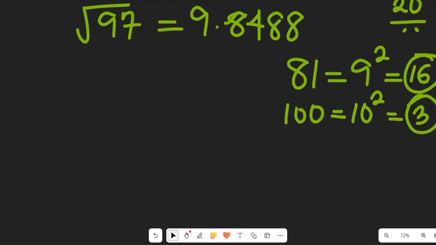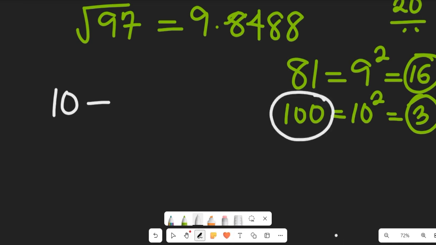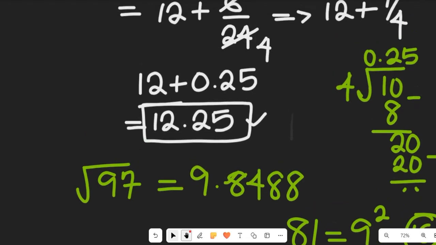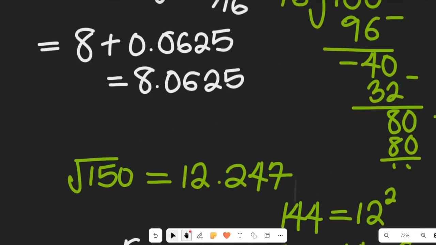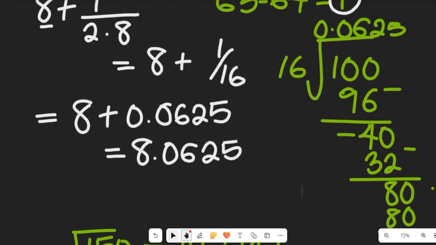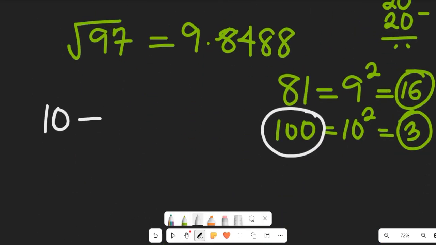So if we apply that here, you're going to find out that this expression will now give us 10, which is the perfect square, minus, no longer plus, because we are choosing a square root that is larger than the required value. Now recall from the other expression, we used a square root that is lower than the original expression. So this one is higher than the original expression, so we're going to use a negative sign.